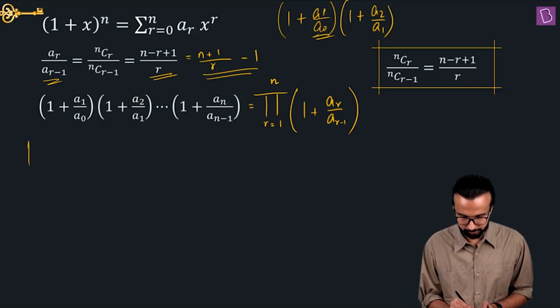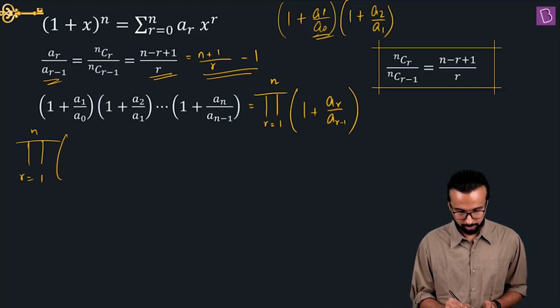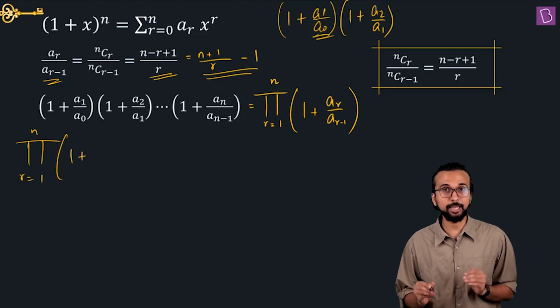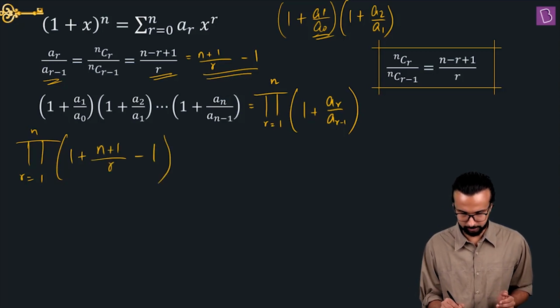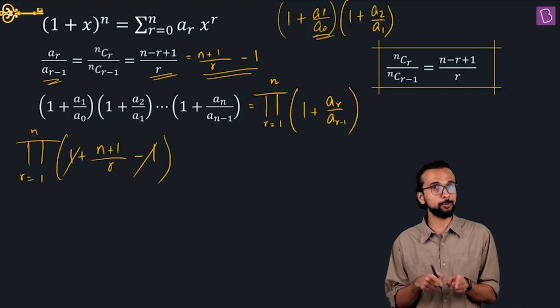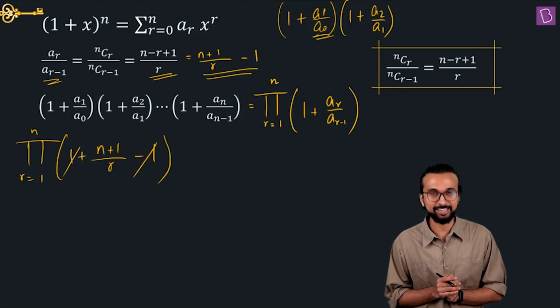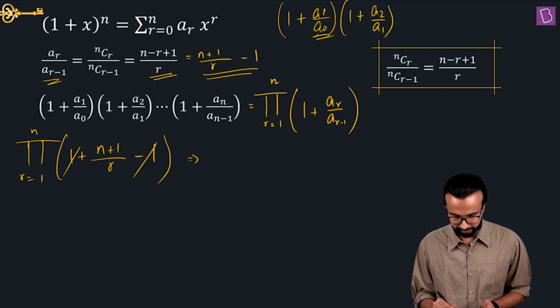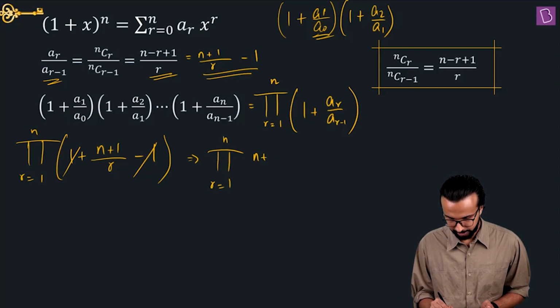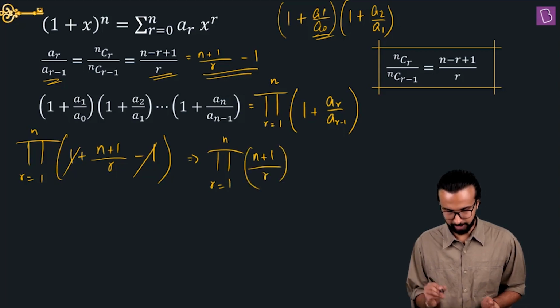So this becomes pi r equal to 1 to n, 1 plus, what is a_r by a_(r-1)? I already found that out: (n + 1) by r minus 1. Now you know why I wrote that minus 1 separately. It cancels out with this plus 1. And then I get pi r equal to 1 to n, (n + 1) by r.